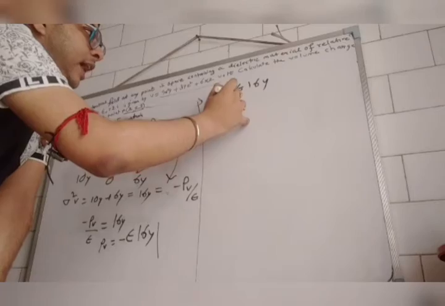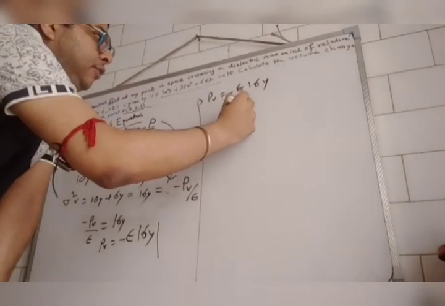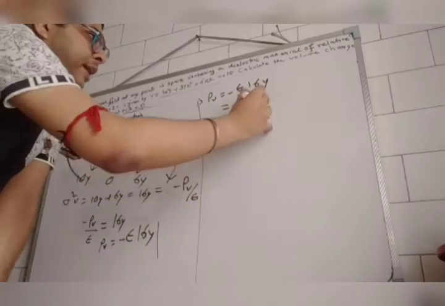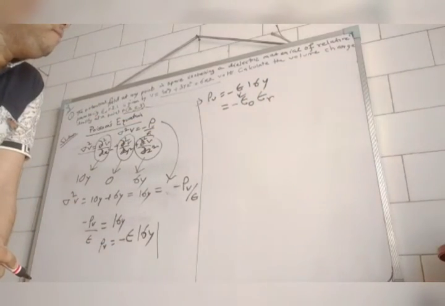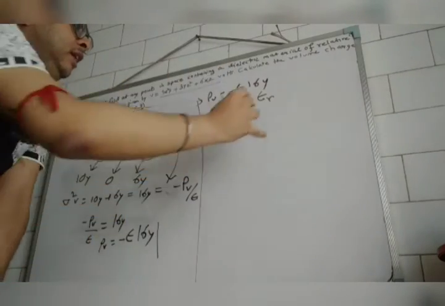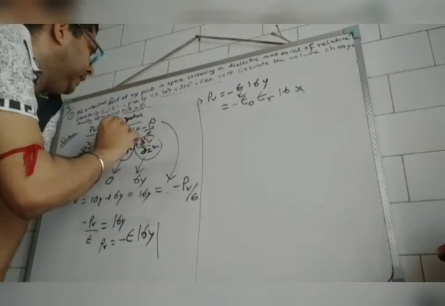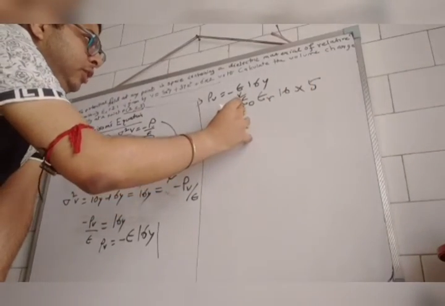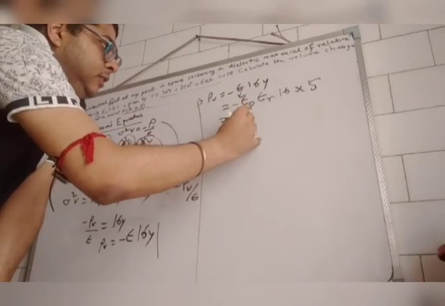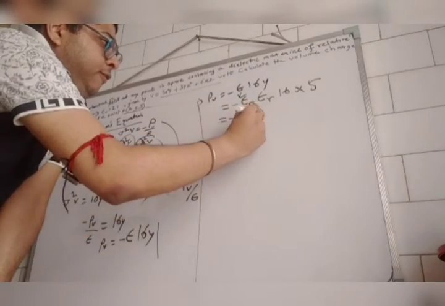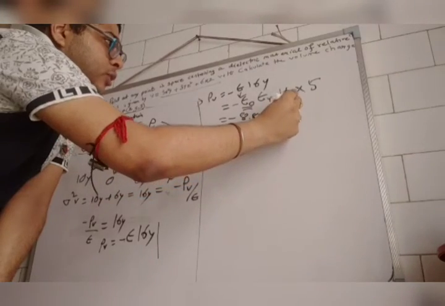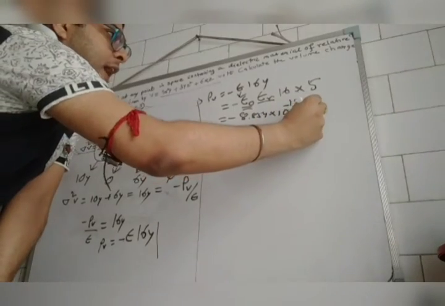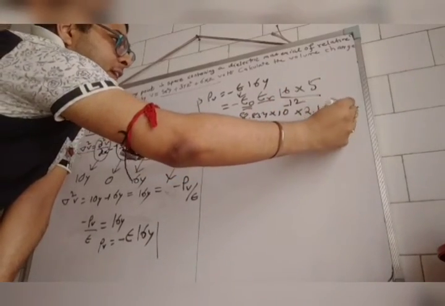And this permittivity you can write in terms of free space, that is the permittivity of free space times the relative permittivity of the medium, that means the dielectric, and we have 16 and y is 5 here. Okay, and you know the value of epsilon naught is 8.854 into 10 to the power minus 12, and this relative permittivity is 2.1. It is given in the question, and 16 into 5 we can write 80.